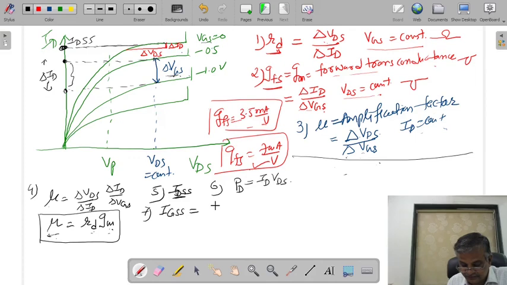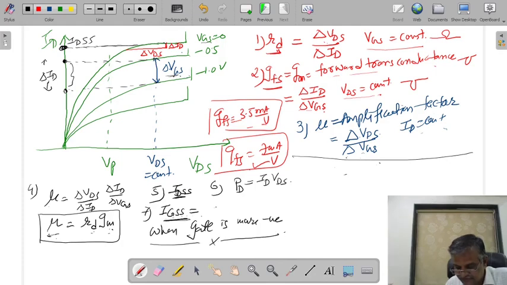It is the current passing through the gate when the gate is more negative. How much gate to source current is passing, that is called the gate to source leakage resistance.